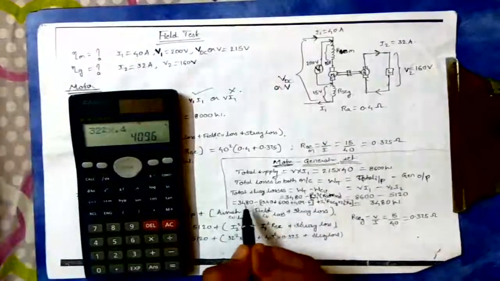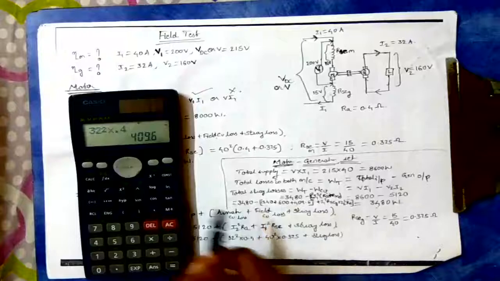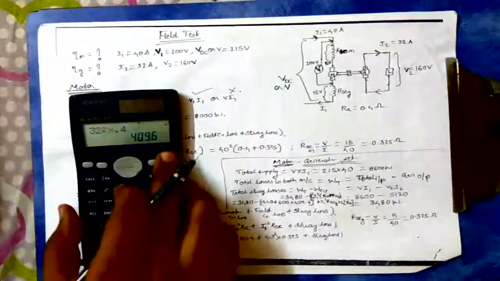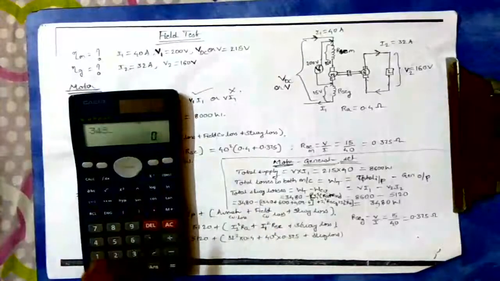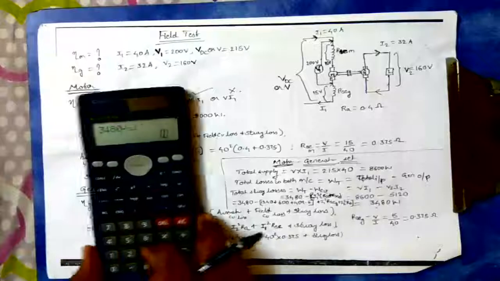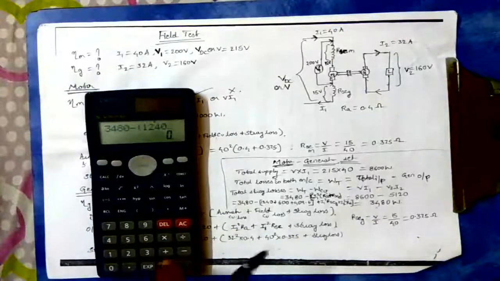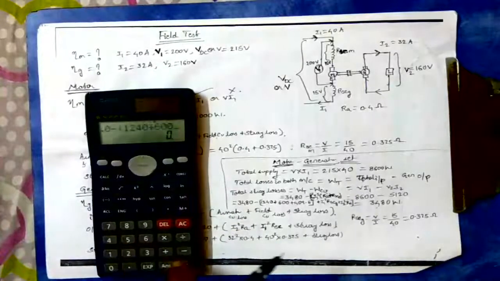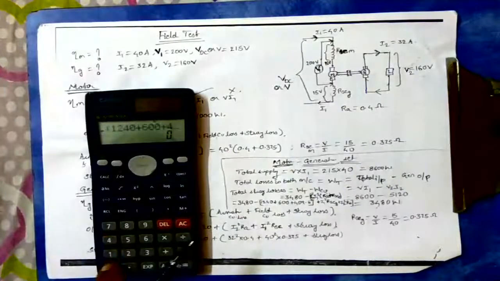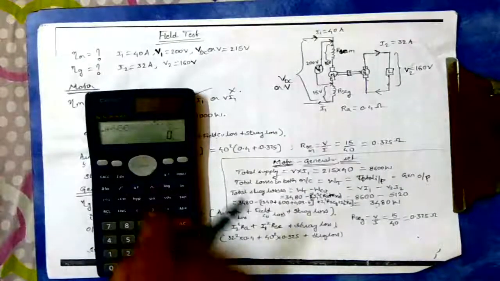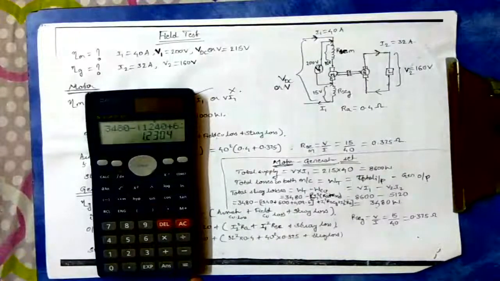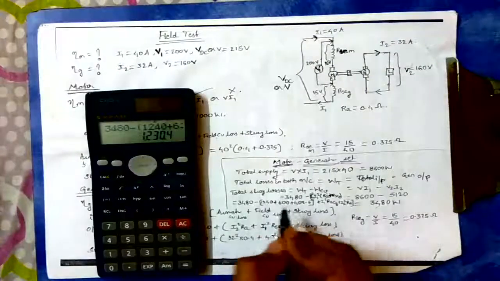If I do it in the calculator, total losses: 3480 minus, in the bracket, 1240 plus 600 plus 409.6. It gives me 1230.4.